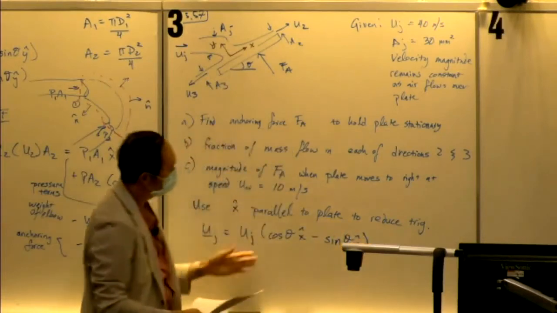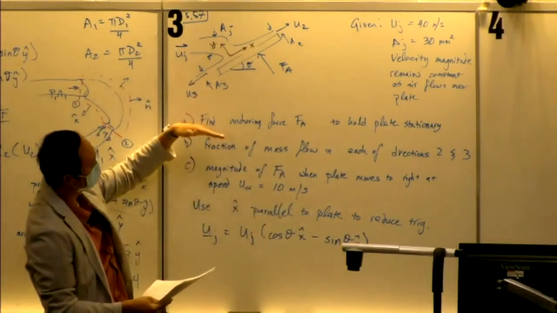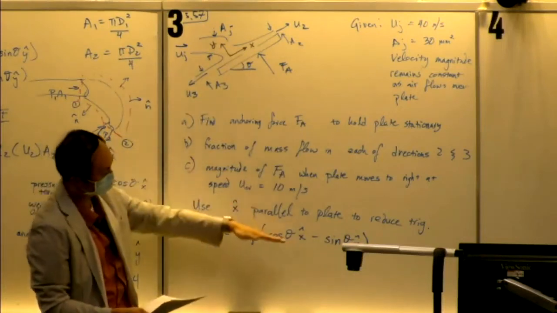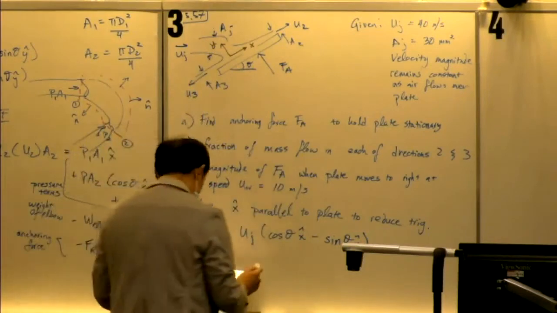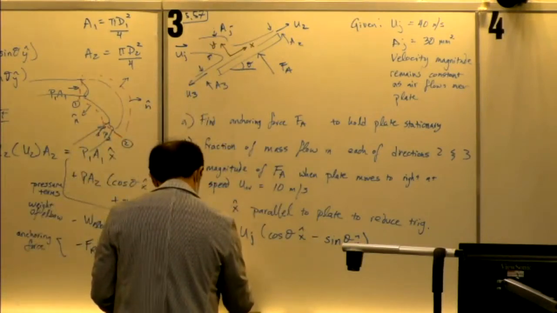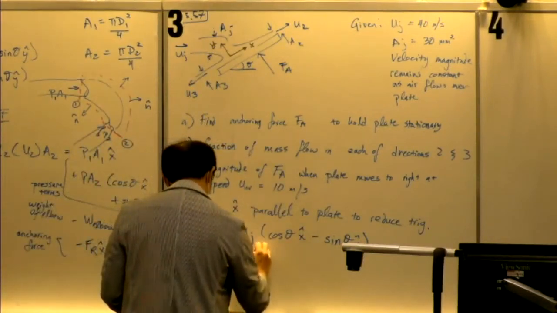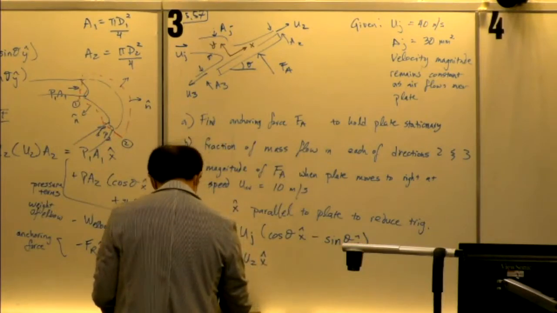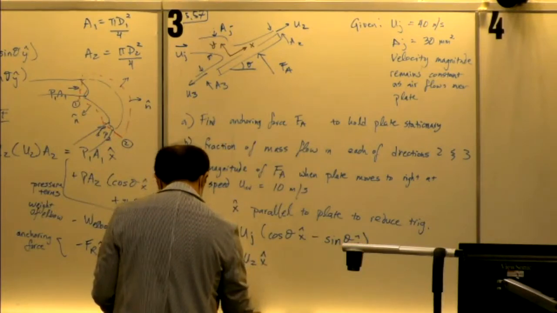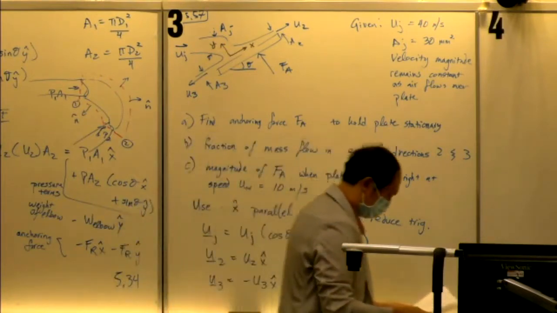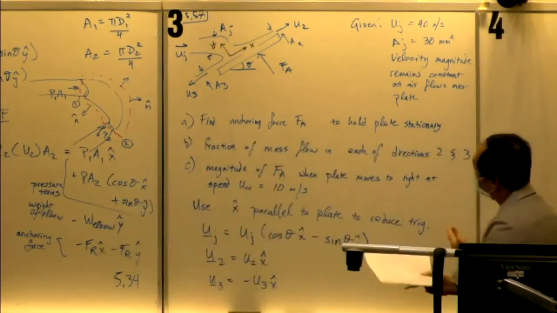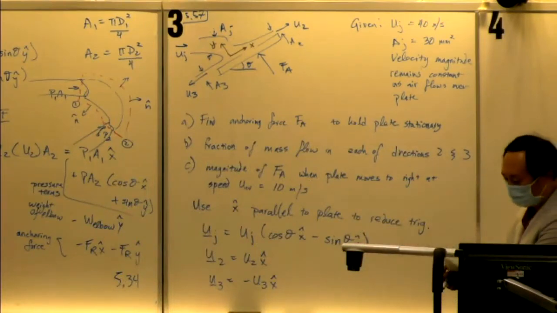And to check it, again, assume theta is equal to 0, where you're not going to have any component perpendicular to the plate. And the nice thing about the way we write the coordinate system, u2 is now just the positive x hat direction, and u3 is negative u3 x hat direction. So you could solve the problem with a different coordinate system, but it would make this problem less convenient.